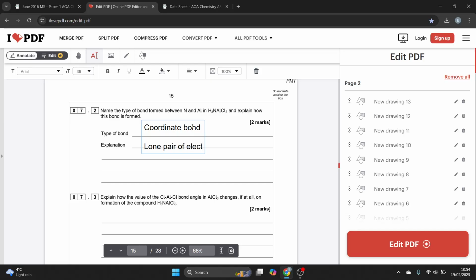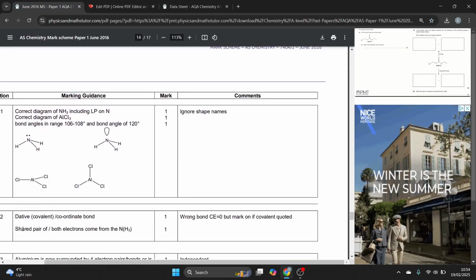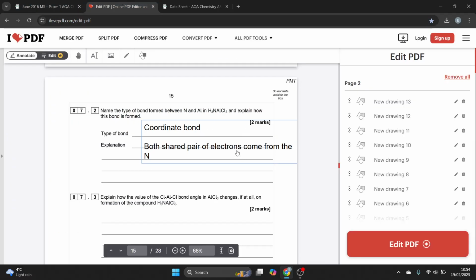Wait, no, sorry. Coordinate bond: both electrons in the shared pair come from the nitrogen.